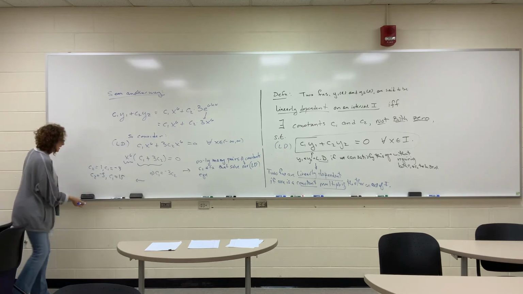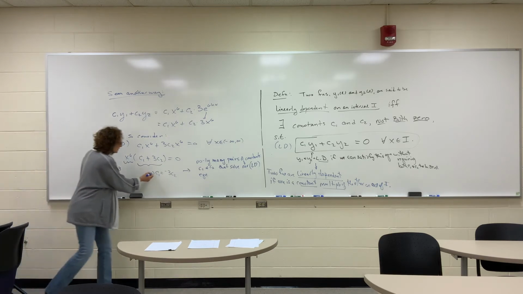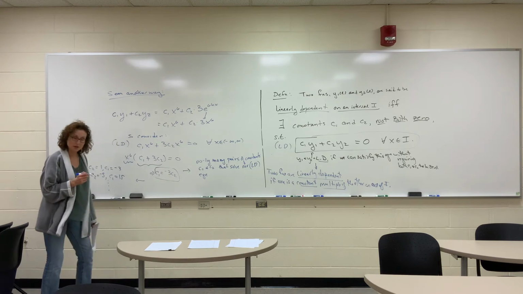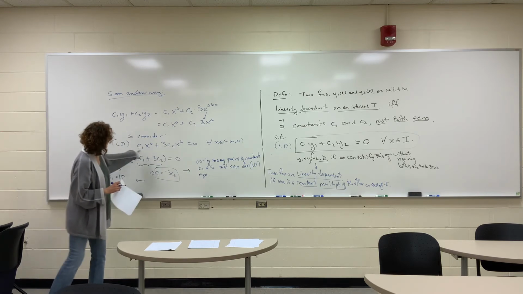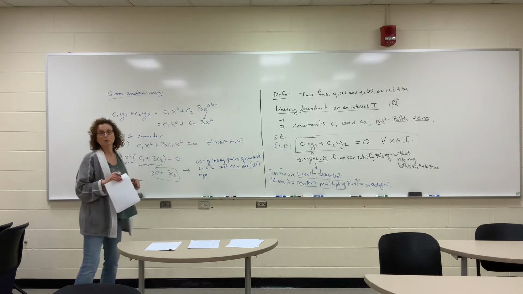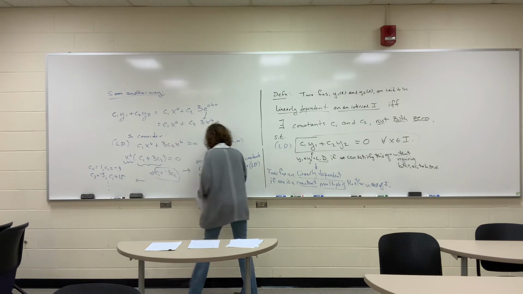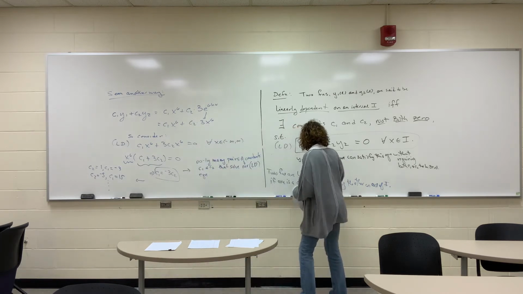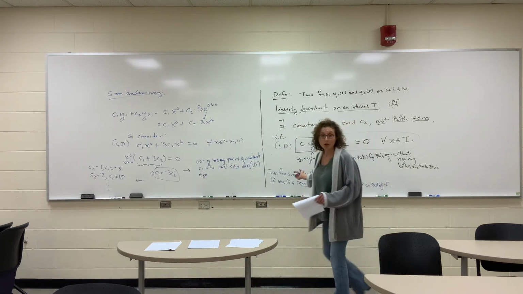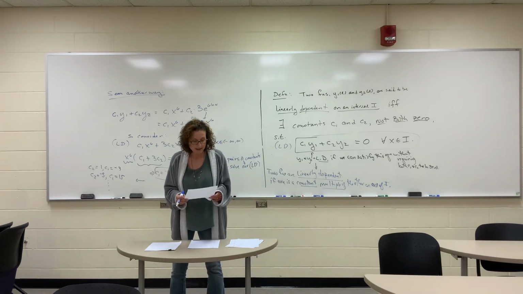And there's infinitely many more pairs of constants. As long as they satisfy this relationship, we can make this equation 0 for c1 and c2, not both 0. All we really needed was one. So these guys are linearly dependent.